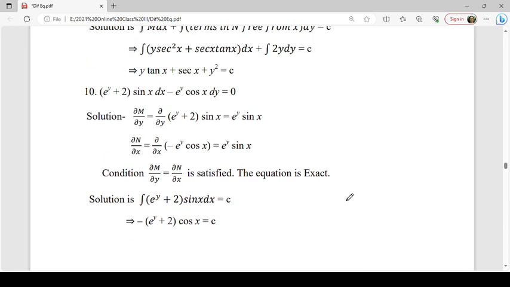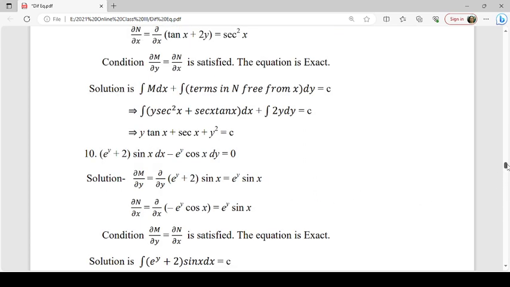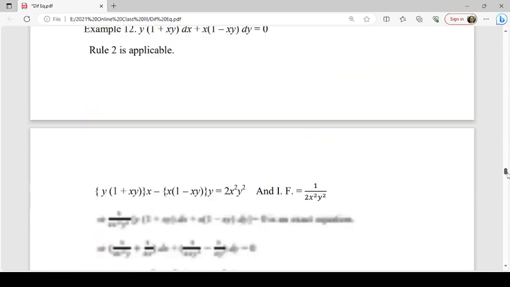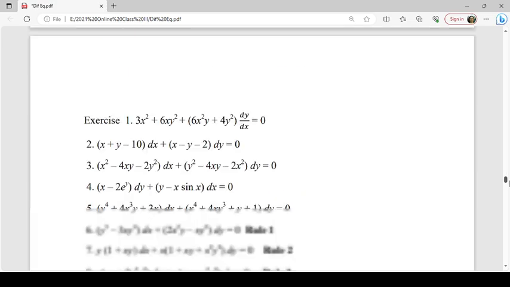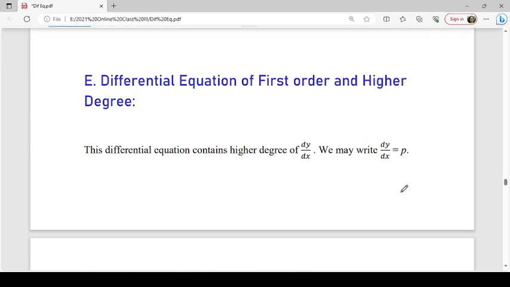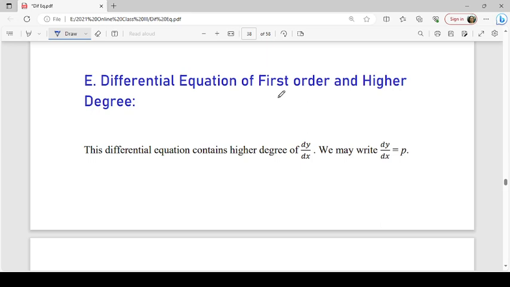So next, after the exact equation, we go to differential equations of first order and higher degree.